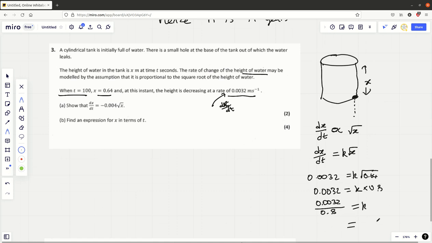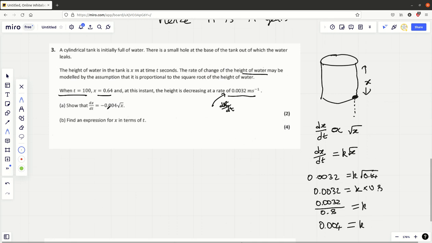That sounds like, well, if I times the top and bottom by, yeah, I think that does actually give me 0.04. Let me just reach for my calculator to check all my values are correct. I seem to be struggling with that at the moment. Okay, type it into your calculator, 0.0032 divided by 0.8, and I get 0.004.